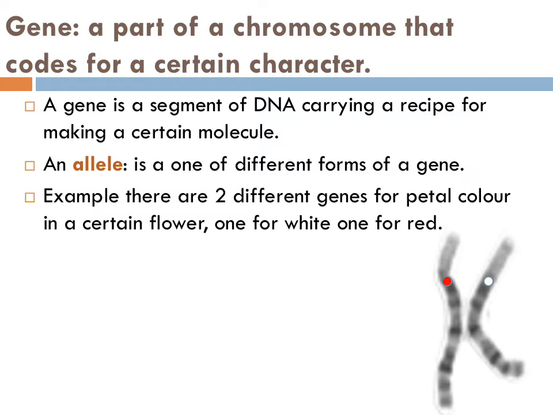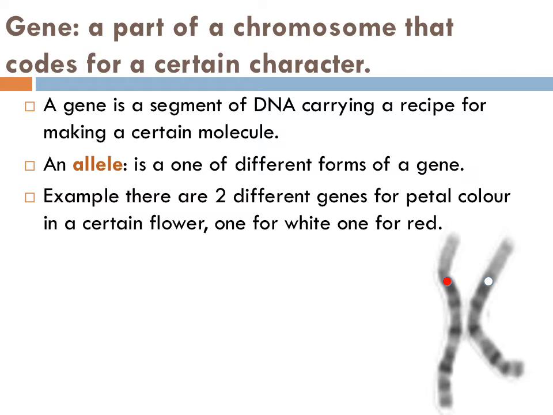Now, what would the flower have? Red petals or white petals? Or a combination of both? Usually, one characteristic is stronger than the other. And we're going to talk about that in a minute.